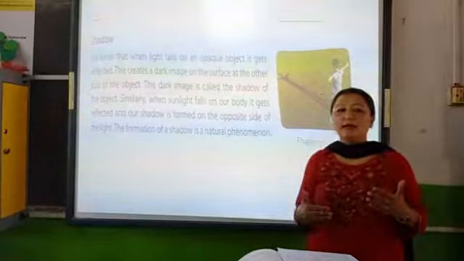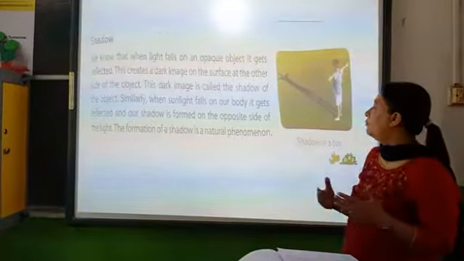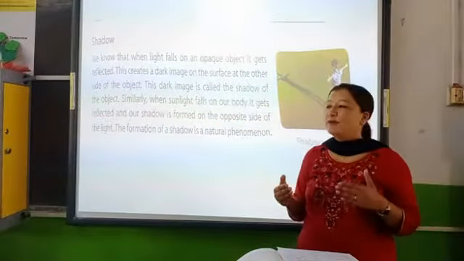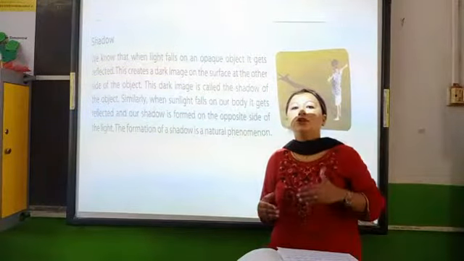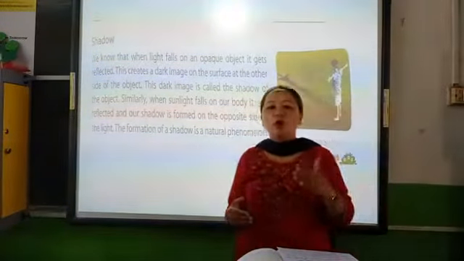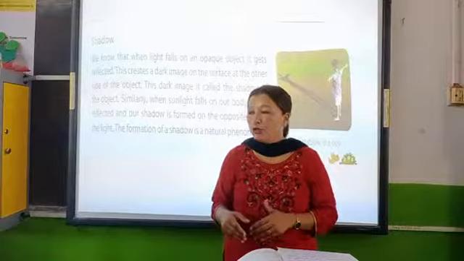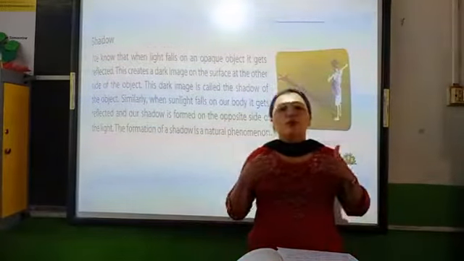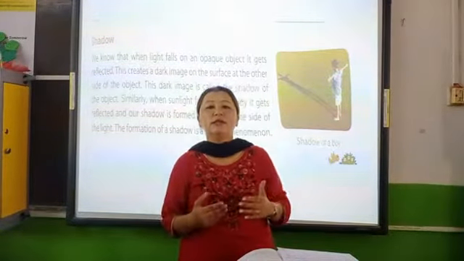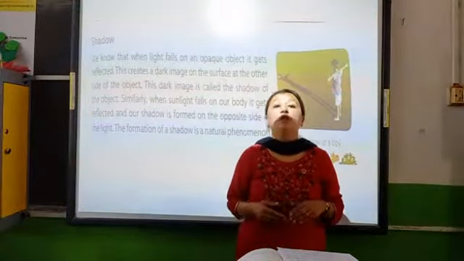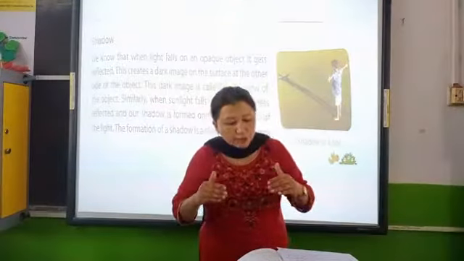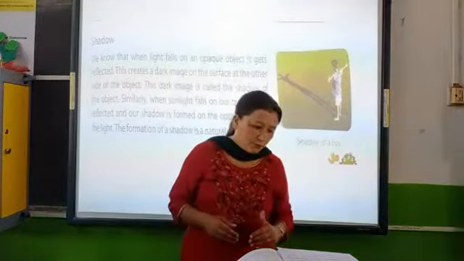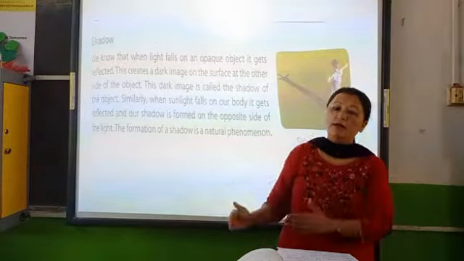Similarly, when sunlight falls on our body, it gets reflected and our shadow is formed on the opposite side of the light. So, the formation of a shadow is a natural phenomenon. A shadow is formed when an object blocks the light.